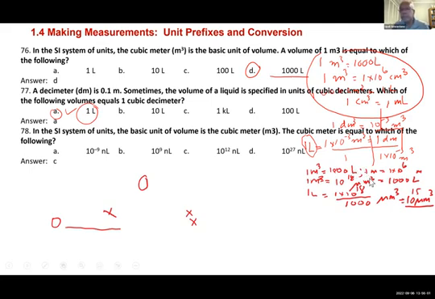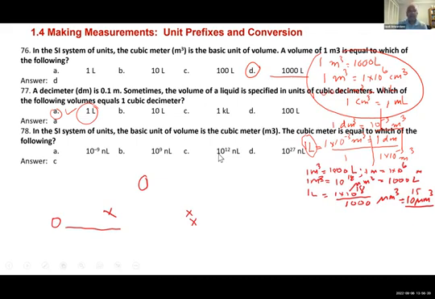So I got the answer, 10 to the 9. How do you get 10 to the 9? Because 10 to the 12.